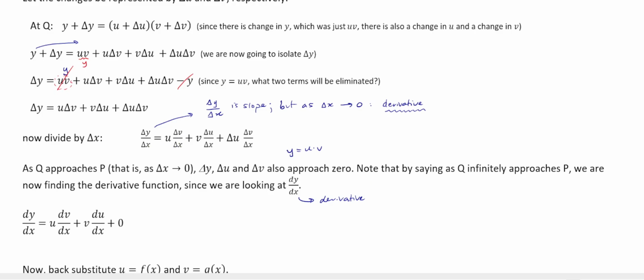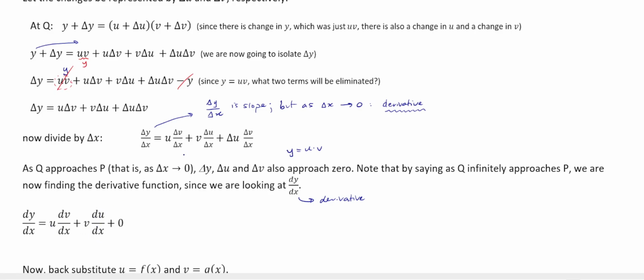So if we're finding the derivative, we're saying dy/dx is equal to u. Do you see that this is exactly the same thing? But now, as delta x gets infinitesimally small, this becomes the derivative of v with respect to x. And now we find the derivative of u with respect to x.